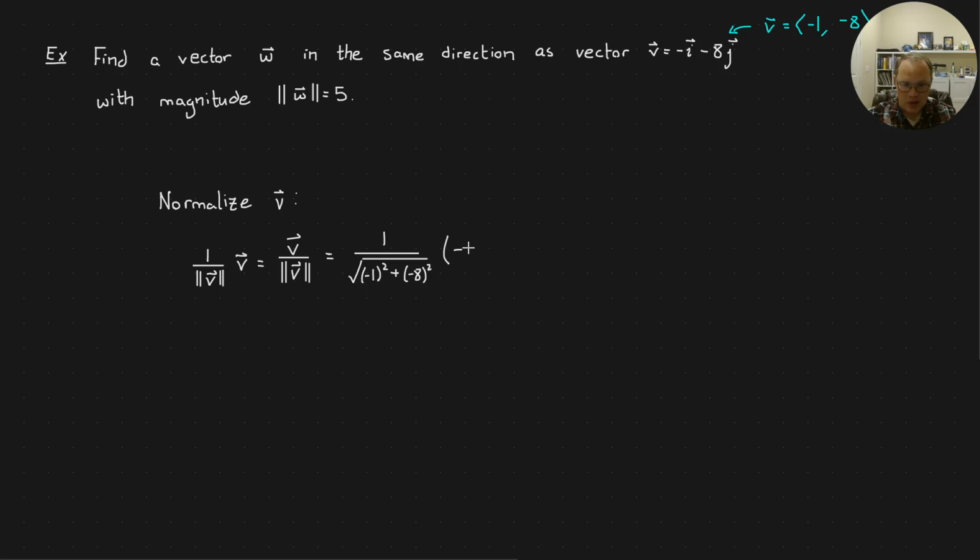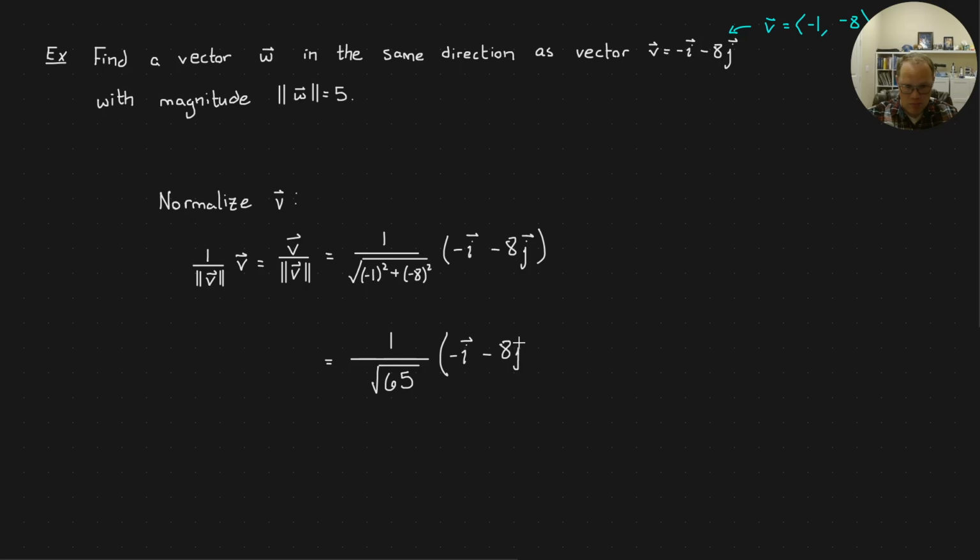So this is actually going to be the vector, which I will leave here in terms of the standard unit vectors. Okay? So let's simplify. Negative 8 squared is 64. Negative 1 squared is 1. So I get the square root of 65. Unfortunately, that root doesn't simplify. It is what it is. It's a nasty square root. Okay?